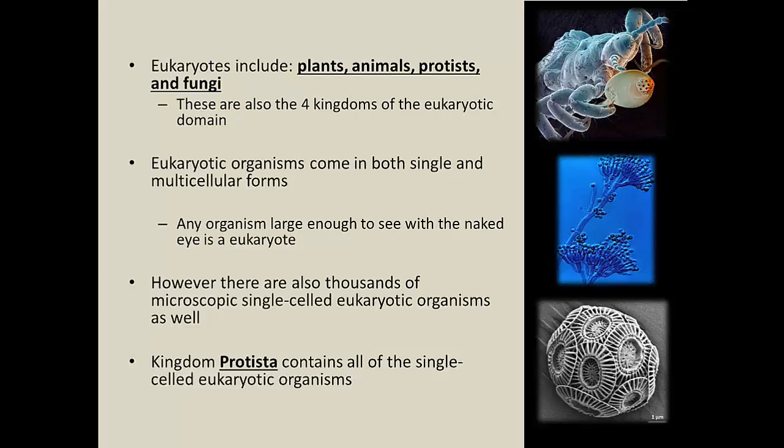So large, multicellular, macroscopic organisms are all eukaryotic. Microscopic can be prokaryotic or eukaryotic, depending on what you're looking at. So recall that kingdom Protista, one of the 4 major kingdoms here, includes all of the single-celled eukaryotic organisms.